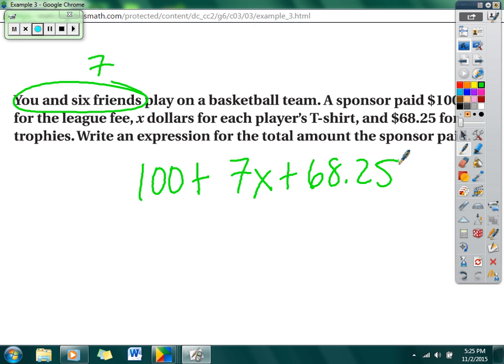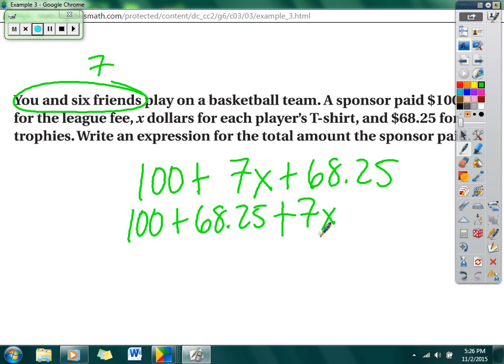$68.25 for the trophies. So the first thing we need to do is combine our like terms. 100 and 68.25 are like terms, but they're not right next to each other. So we need to make sure we flip it so they will be next to each other. So I'm going to write 100 plus 68.25 plus 7x, and I can move this 68.25 because of the commutative property.